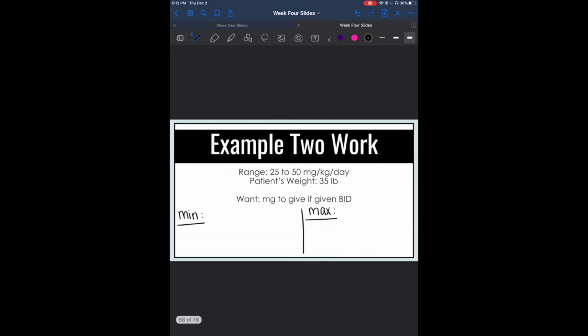So now looking at how much we're going to give if it's given BID. Remember that BID means twice a day. So that means that this person is going to get 2 doses a day. So now for our minimum, 397 milligrams in 1 day. And then in 1 day, we're going to give 2 doses.